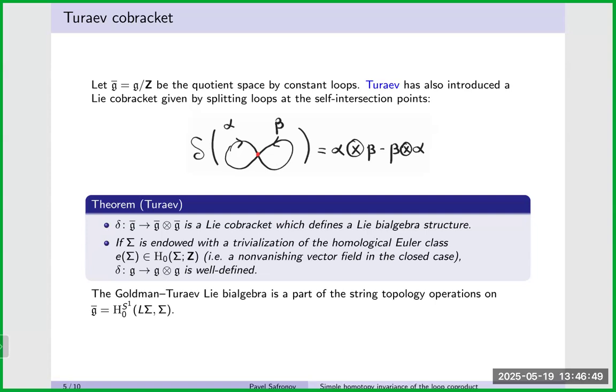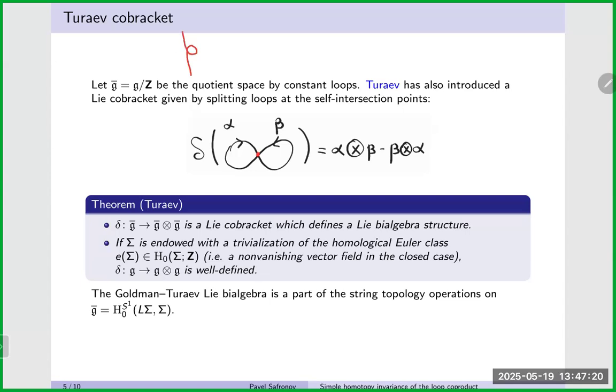So here I have the figure 8, which I think of as a single loop on the surface, and it has a self-intersection point, and you split that into the individual loops alpha and beta. Okay, if you look at this operation, if you're just trying to see if this is well defined, you encounter a problem of the following kind.